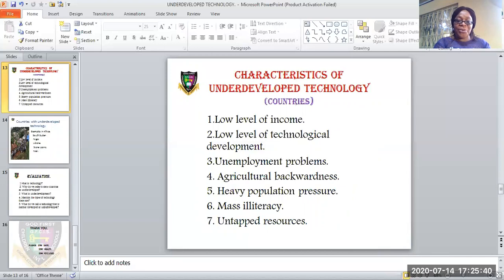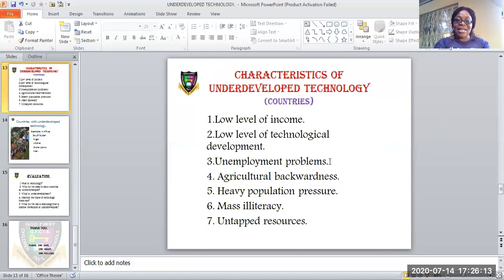So, number three, unemployment problems. A large number of their people are not gainfully employed. A large number of their youth are not qualitatively employed. Unemployment is a problem. They can't seem to find a good job, can't seem to do good things.